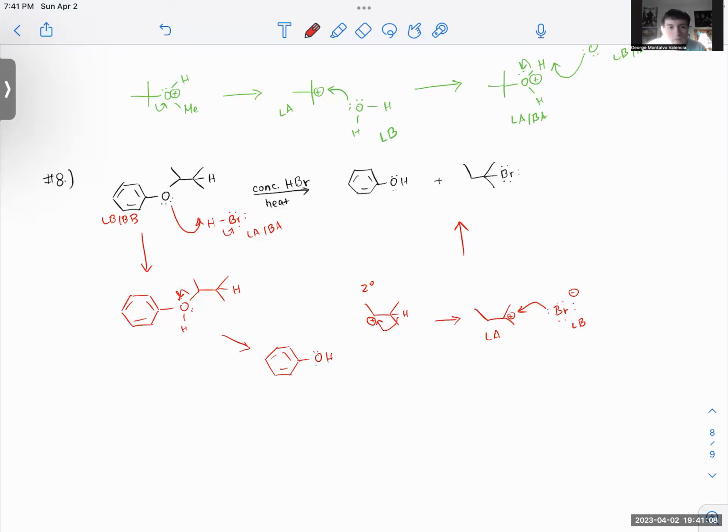There's number 5 in the mechanisms for ethers and epoxides. It's concentrated HBr and heat, and it's MeBr plus that. Okay, let me take a look now. Number 5 would be the closest thing, or maybe number 7 as well. We've got another one, and 8. Oh, okay, yeah. I think number 5 is the one that I did. Okay. And then looking at number 7.